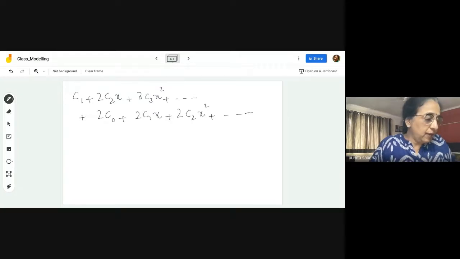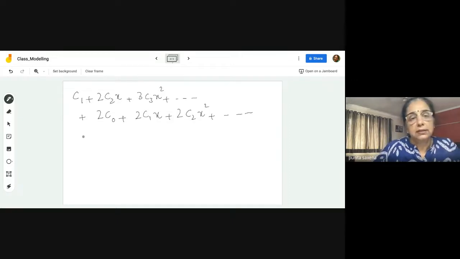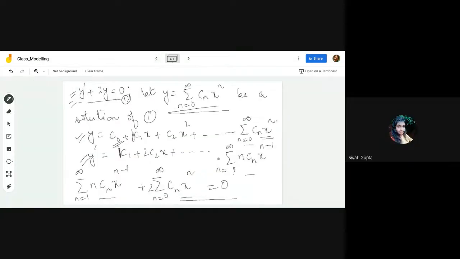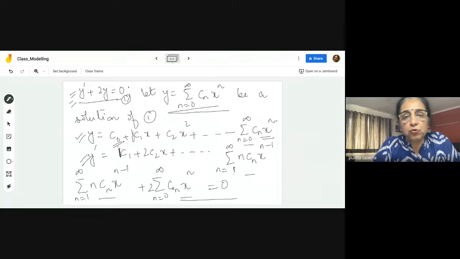This was your y. If you write every term separately, the left hand side is y dash plus 2y.